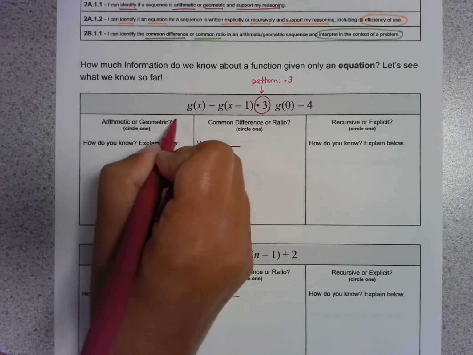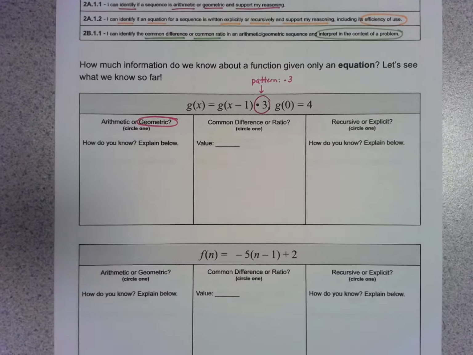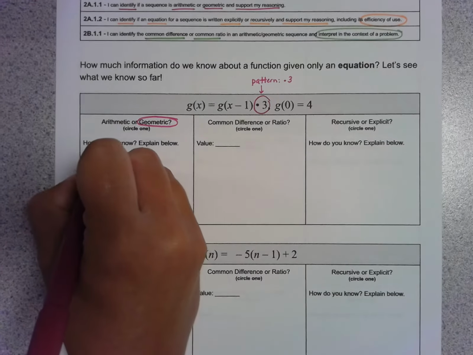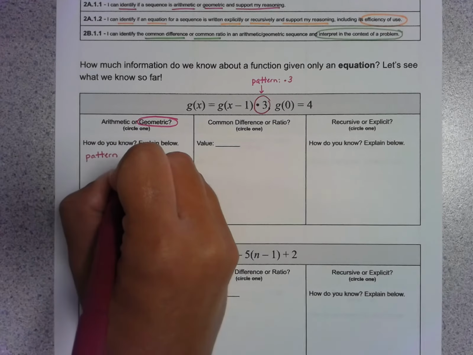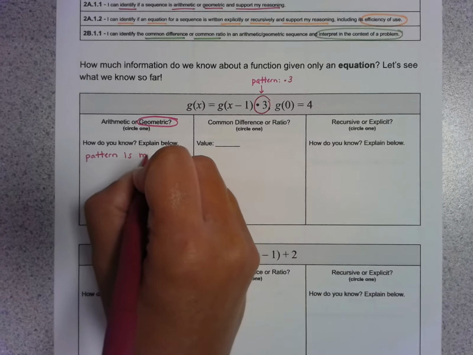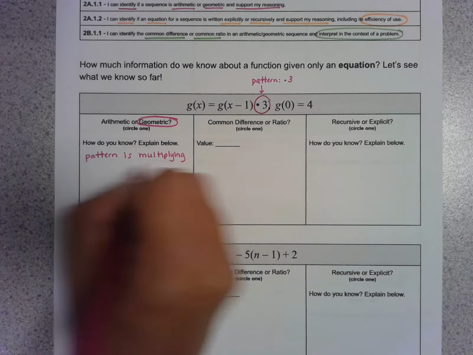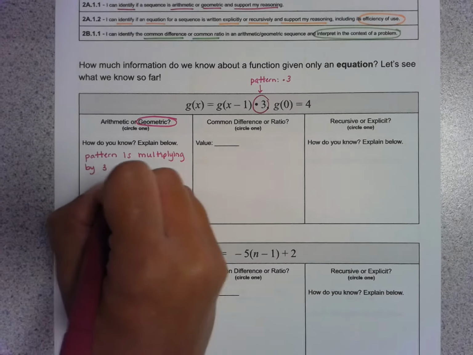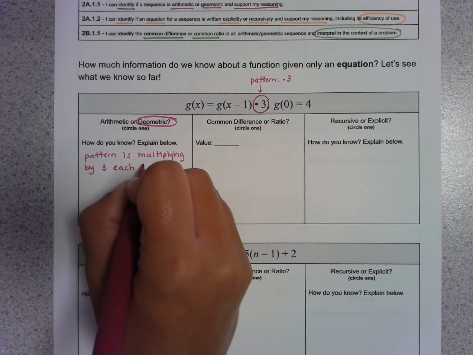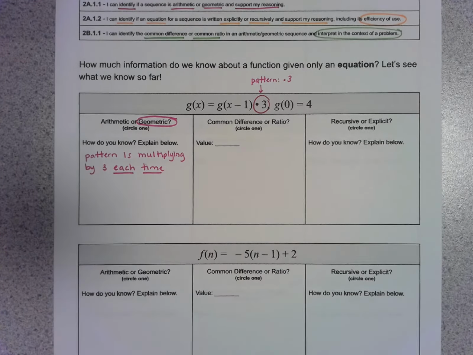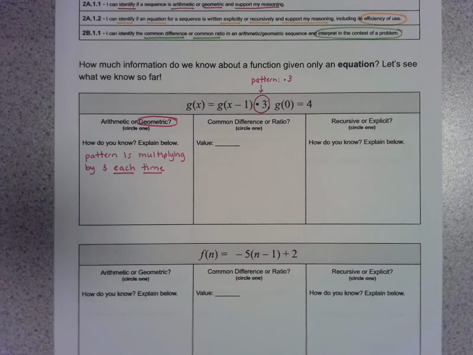Based on that information, I would say that this is a geometric sequence because the pattern is multiplying by 3 each time. And those words each time are really important because it means we're doing it over and over again.